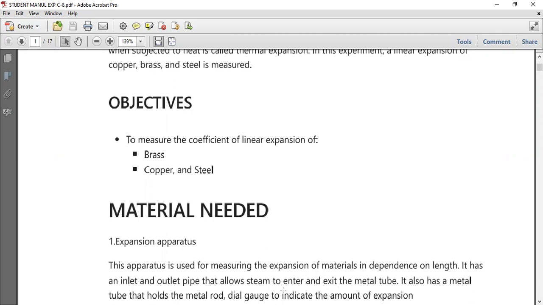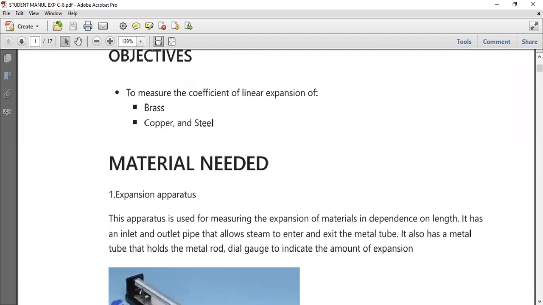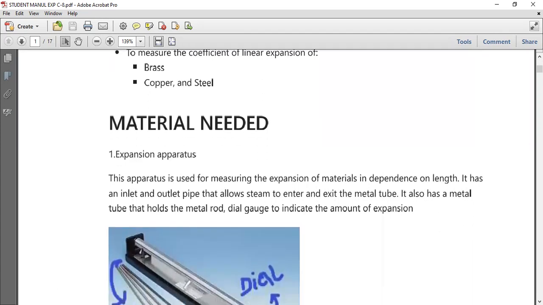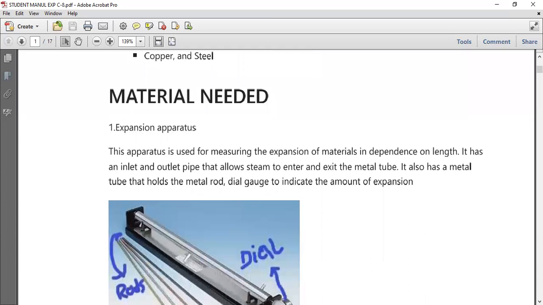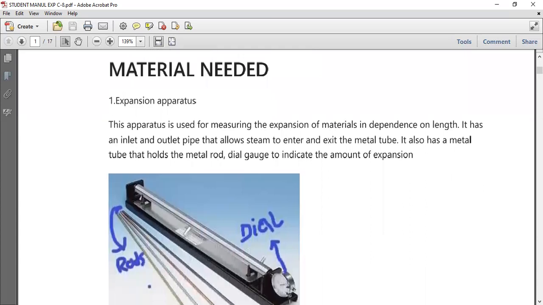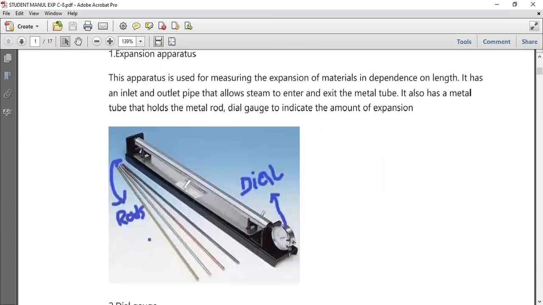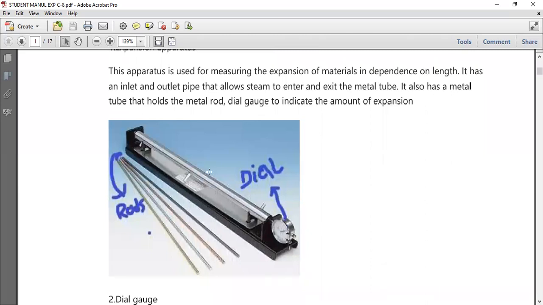It also has a metal tube that holds the metal rod. On another side, it has a dial gauge that shows the amount of expansion when the metal rod is subjected to steam. So this is the expansion apparatus.